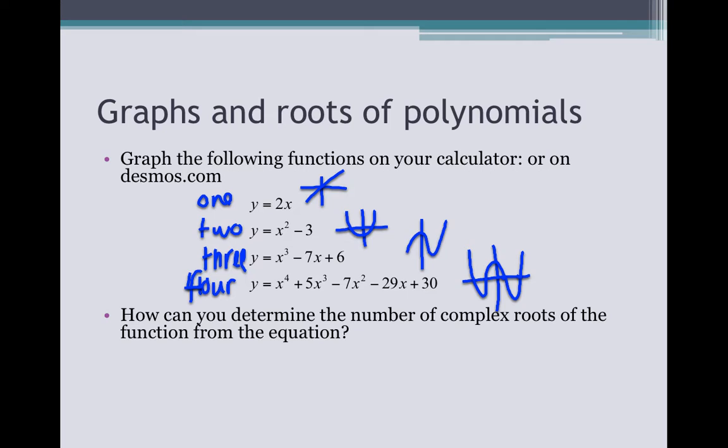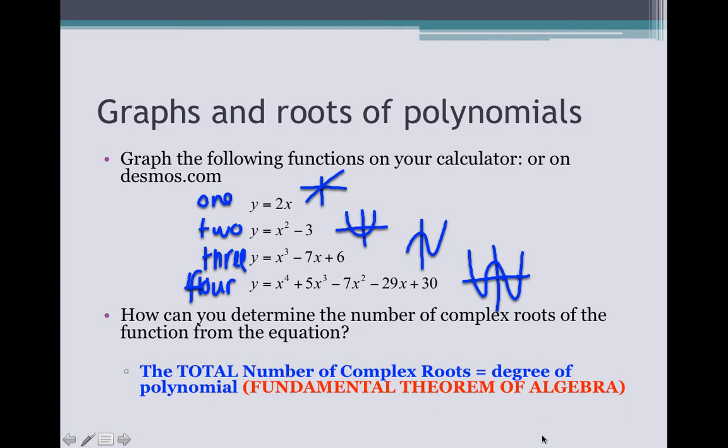So what happens is the total number of complex roots equals the degree of the polynomial. Now remember that I'm looking at the roots as x-intercepts here. So this crosses once, this crosses twice, this crosses here 3 times, this last one crossed 4 times. So I knew 1 root, 2 roots, 3 roots, 4 roots, so total, that's how many roots we have.